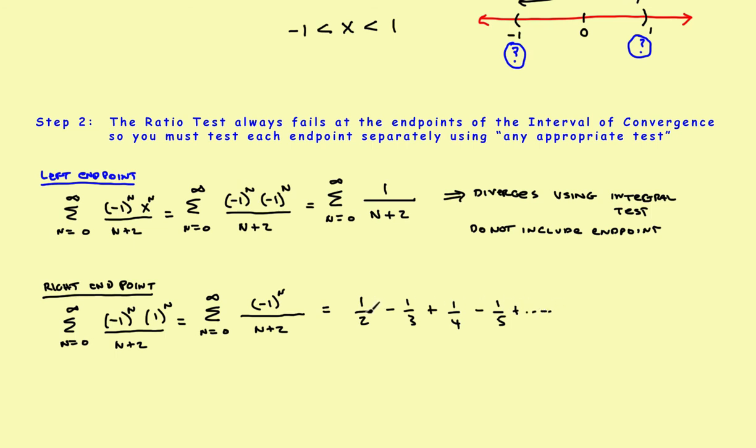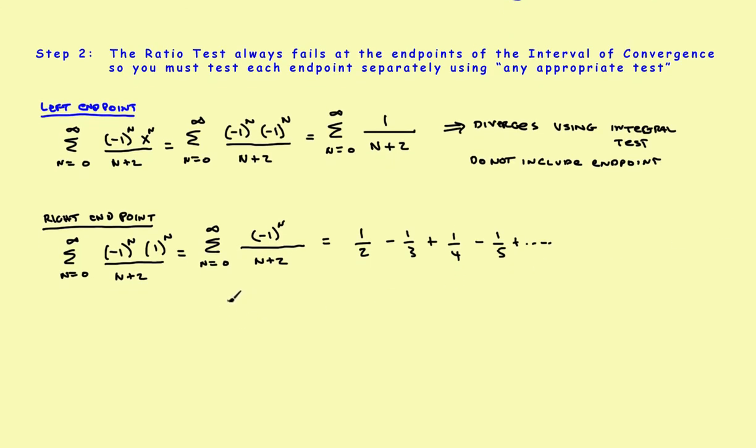Now, hopefully, when you look at this, you'll recognize that it is an alternating series, so you can possibly use the alternating series test to satisfy this. So what the alternating series test says, and again, the alternating series test, we'll call it the AST, has two requirements. First of all, each term has to be smaller than the preceding term, which it is, so it passes the first part of the alternating series test.